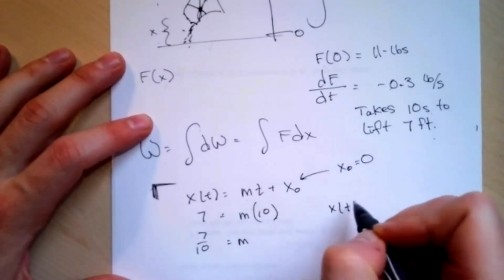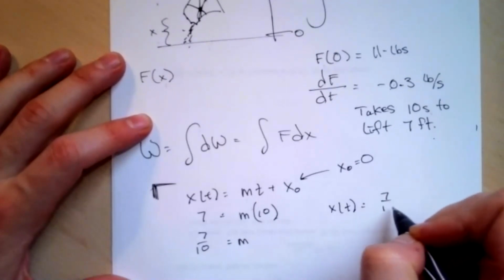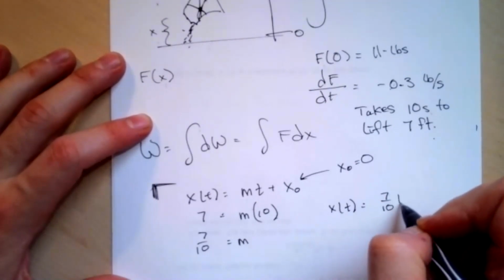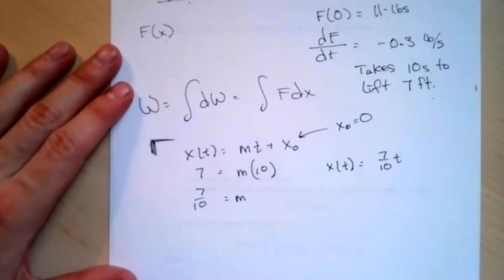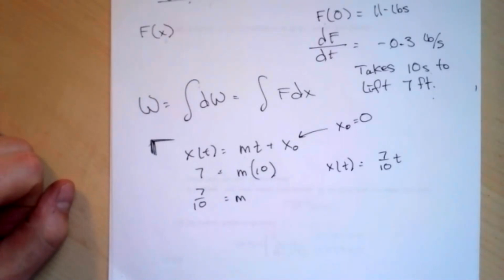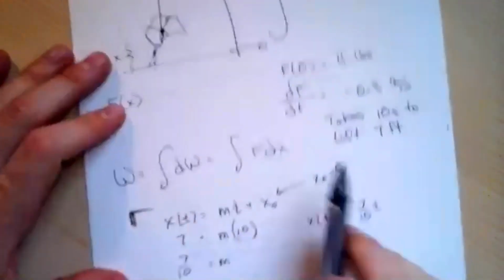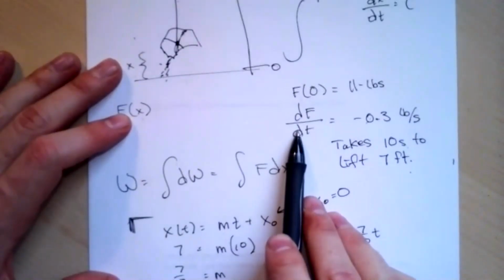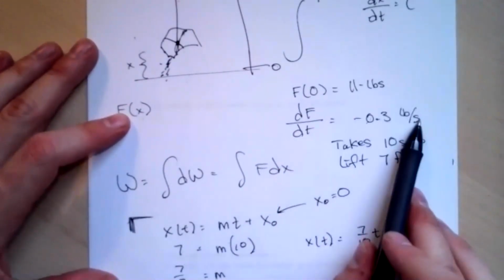So our x of t is just 7/10 t. Likewise, we are given df/dt, a constant rate.